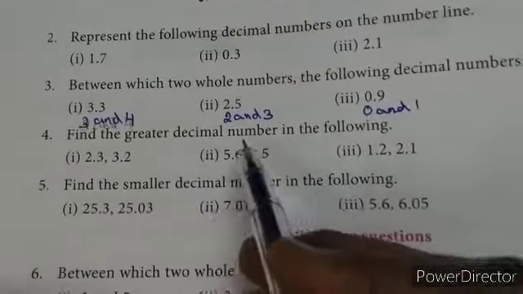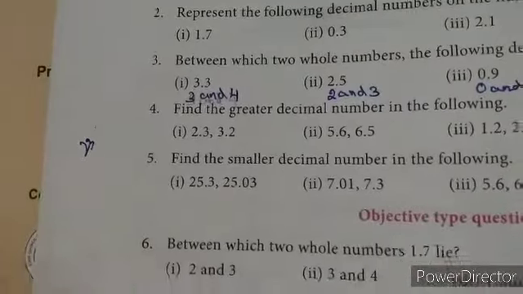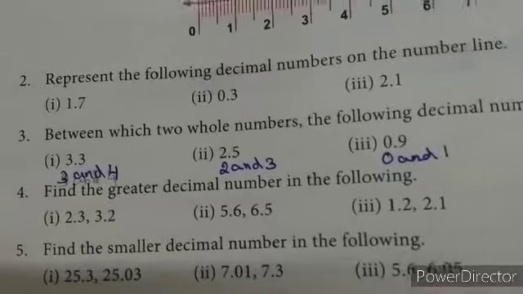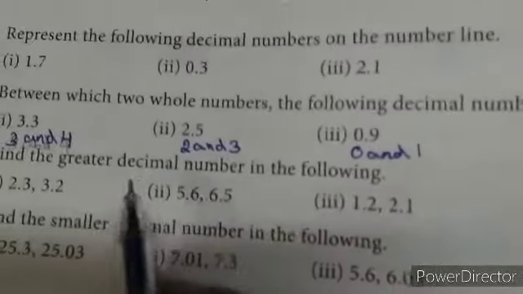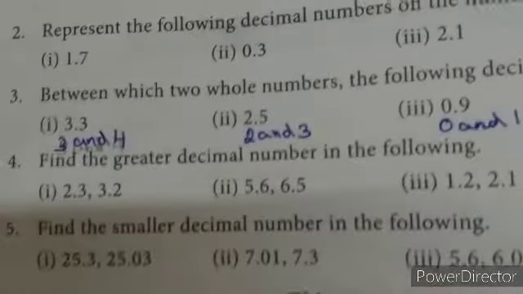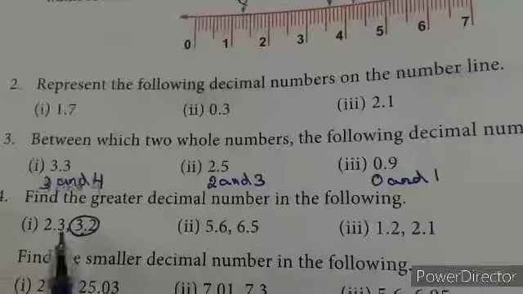Next, find the greater decimal number in the following. Same as the previous exercise, you compare the whole number part, and if it is the same, you compare the decimal part and circle the greater decimal number. Here 2.3 and 3.2. 3.2 is greater than 2.3.